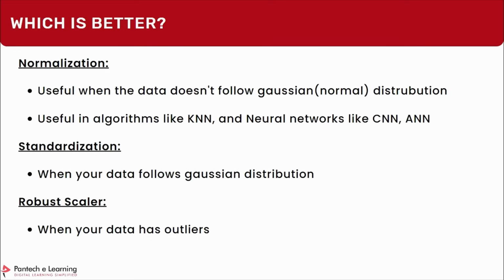It is also useful in algorithms like KNN or neural networks. Talking about standardization, when your data follows a Gaussian distribution, a bell-shaped curve, then you can go for standardization. And whenever you have outliers, either handle them or go with a robust scaler. And that's all about feature scaling.